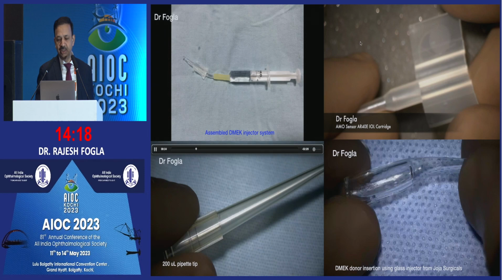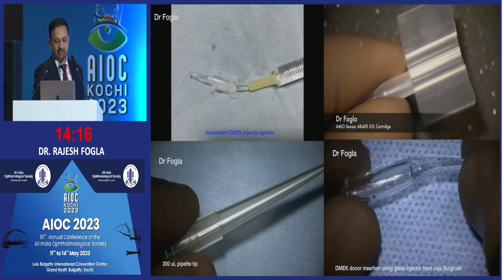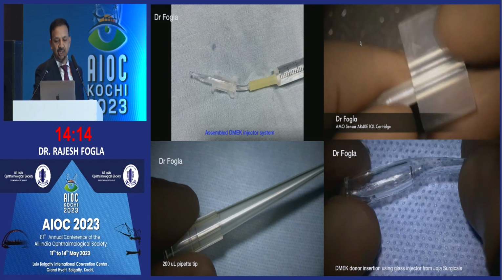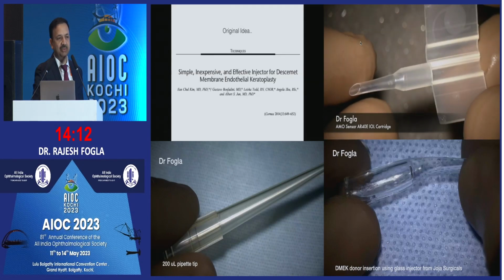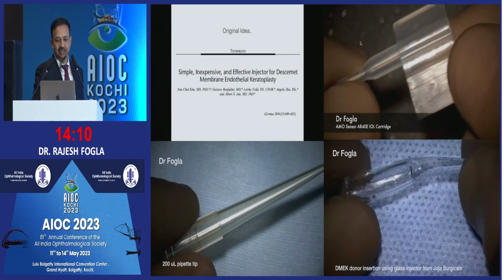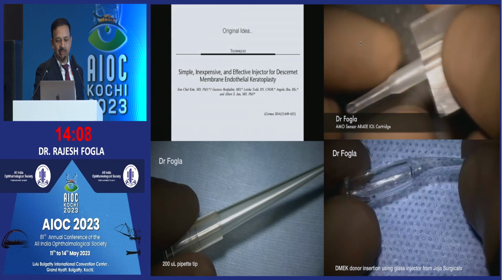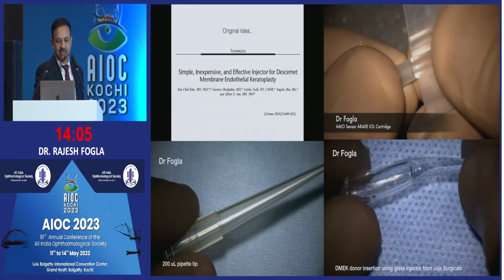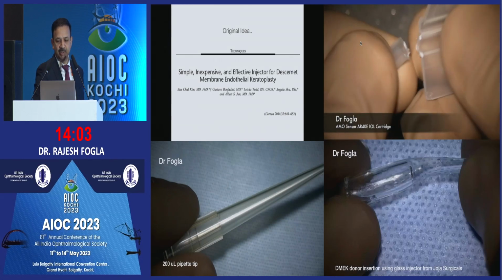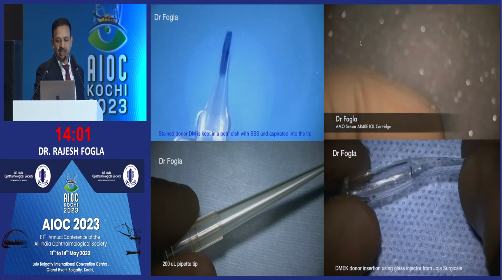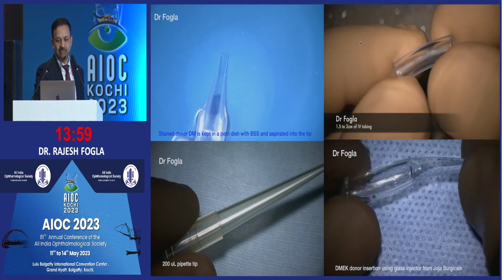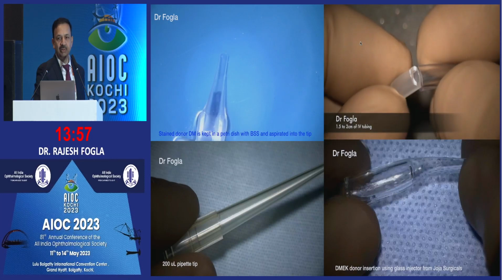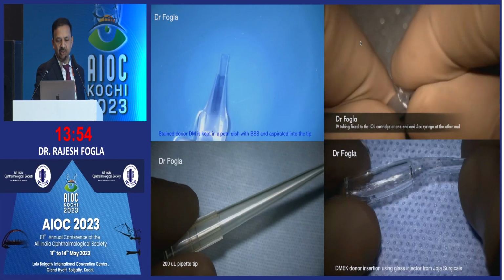The other injector, what Dr. Basak was talking about, is the AR40E cartridge. You just break the wings of the cartridge. These are a little hard to come by nowadays because the three-piece lenses, J&J is kind of stopping it. But you can basically create that with any. So once you have the tip, take a small piece of your IV tubing or your silicone tubing.